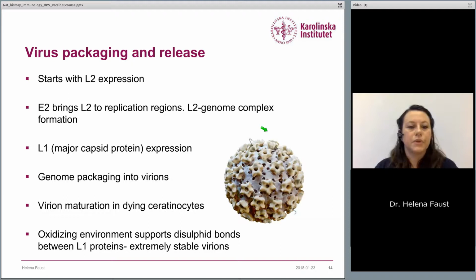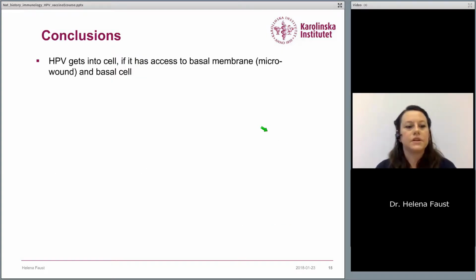Such virions will be maturing in dying keratinocytes and released in naturally dying cells. As it's an oxidizing environment, this supports disulfide bonds between L1 proteins. The result is extremely stable virions.